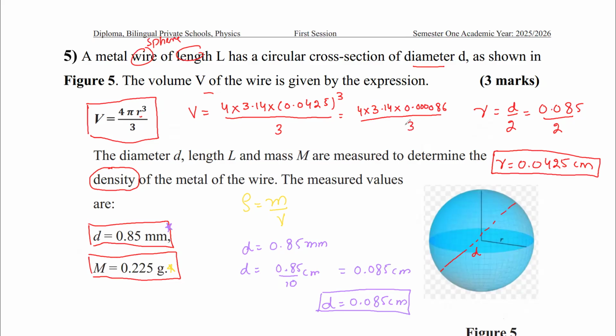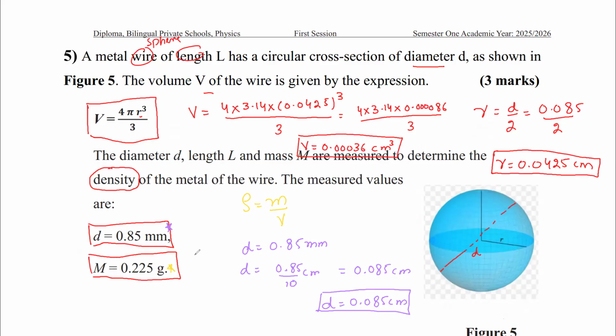Now we find the volume. So the volume is about 0.00036 centimeter cube, because our answer is in the form of centimeter cube.